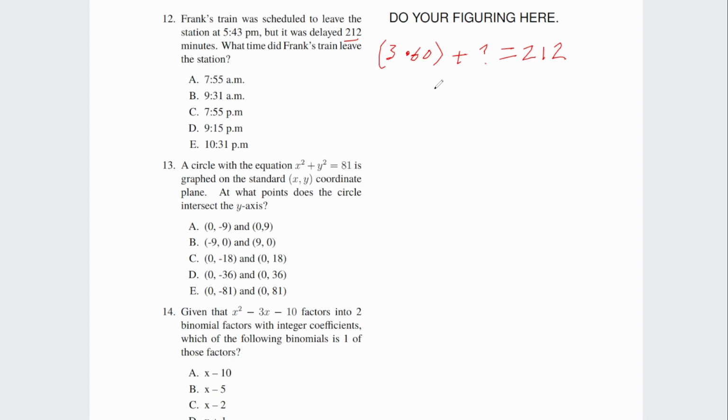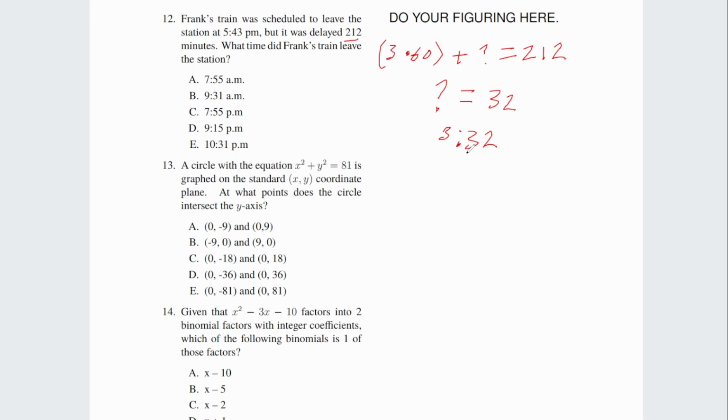Then we have something equals 212 minus 180, which is going to be 32. So we have 3 hours and 32 minutes.